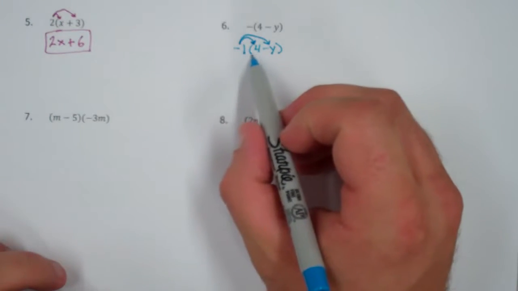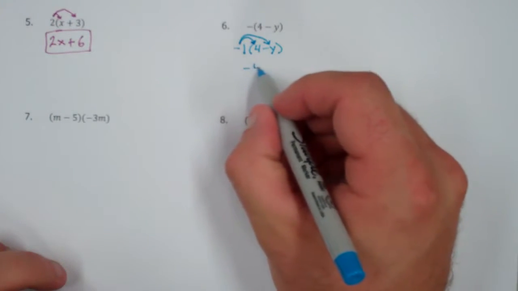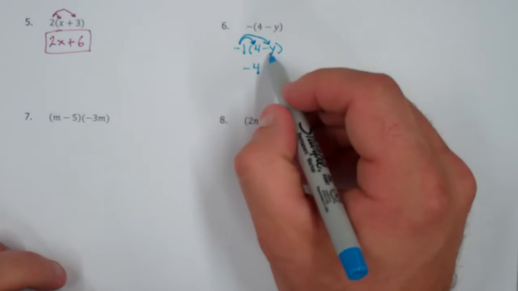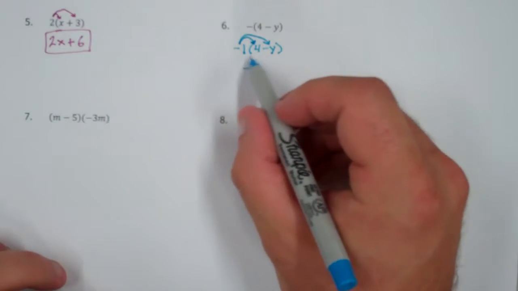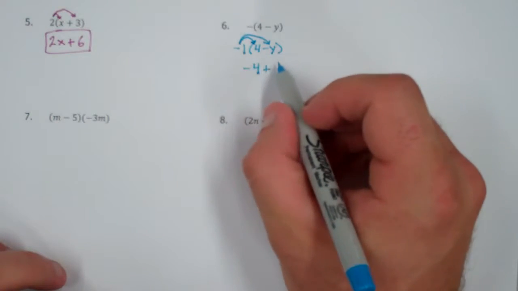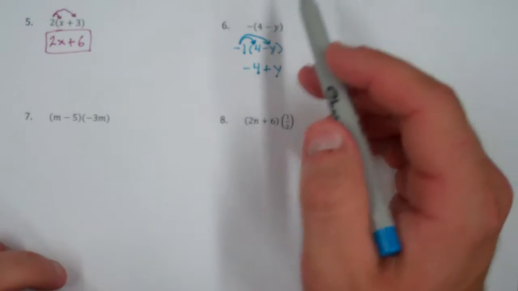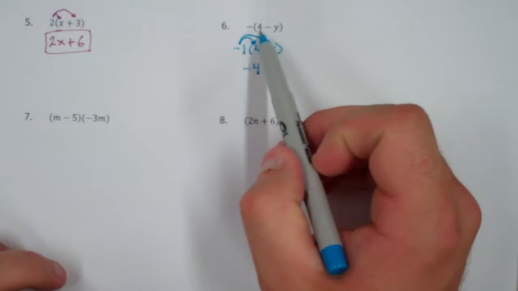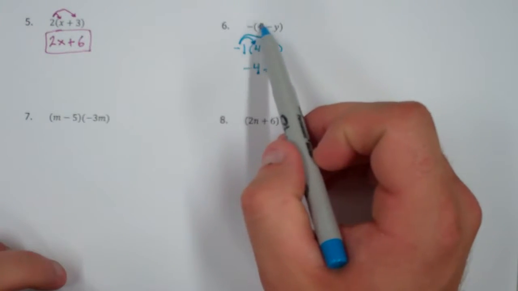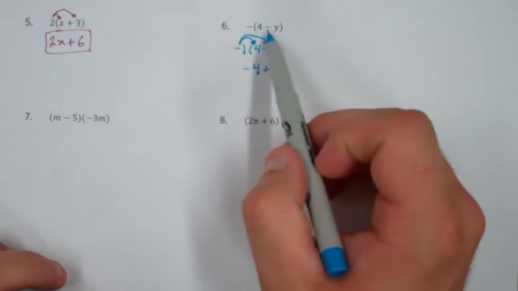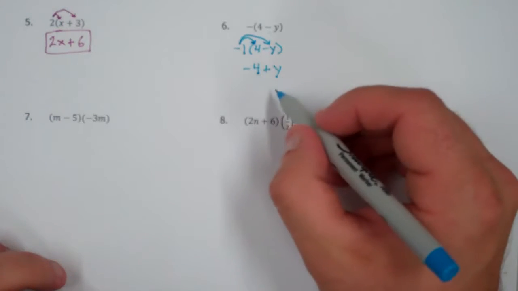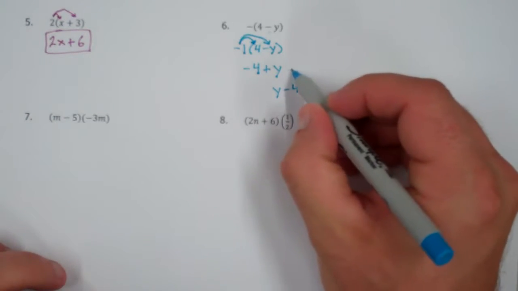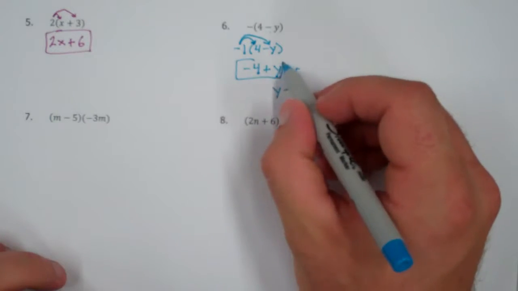So negative 1 times positive 4 is negative 4. And then negative 1 times negative y, negative times a negative is a positive, 1 times y is just y. The negative does not belong only to the 4, but we need to apply it also to everything else that's inside the parentheses here. If you'd like to write this as y minus 4, that's okay as well.